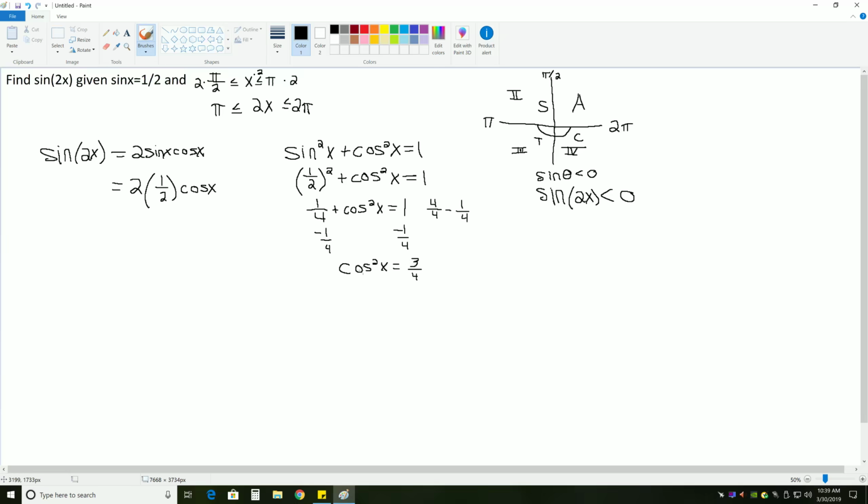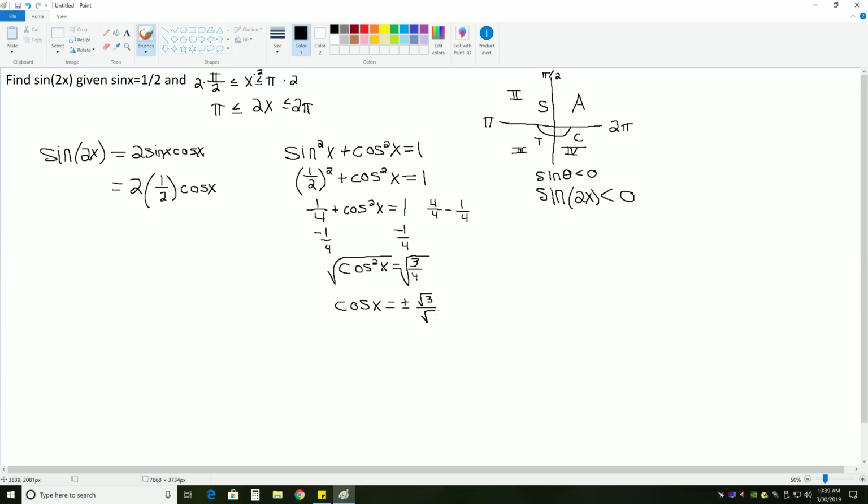And now finally from here, we can take the square root of each side of the equation, giving us cosine of x is equal to plus or minus the square root of 3 over the square root of 4.